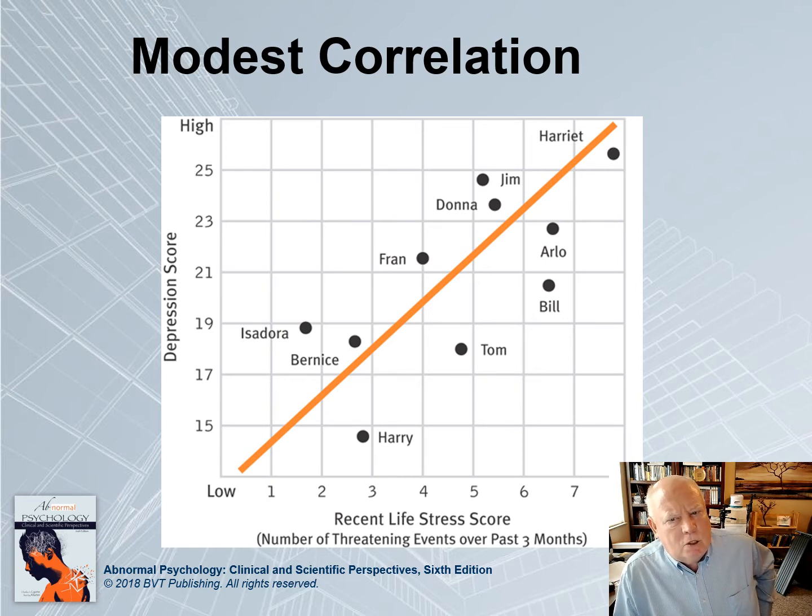Occasionally closely, but sometimes not so close. This is very close to the actual regression line that we would find from a very well done study looking at life stress and depression.